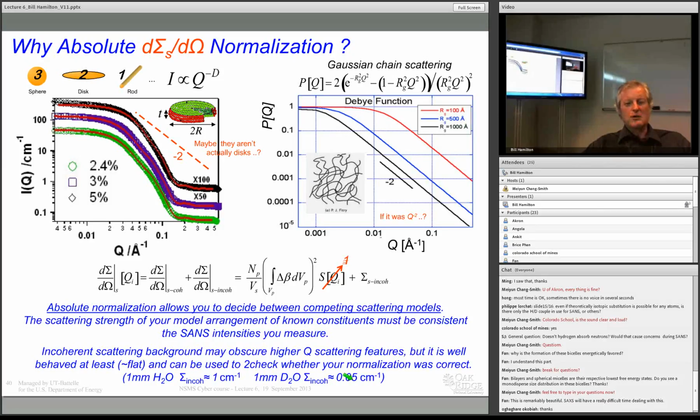Fully deuterated solutions will give you about 1/20th of that. You can see this is done with 1/20th with a fully deuterated solution of bicelles. So you can always double check your absolute normalization, which gives you a good idea whether your scattering power and number density is right for your model.